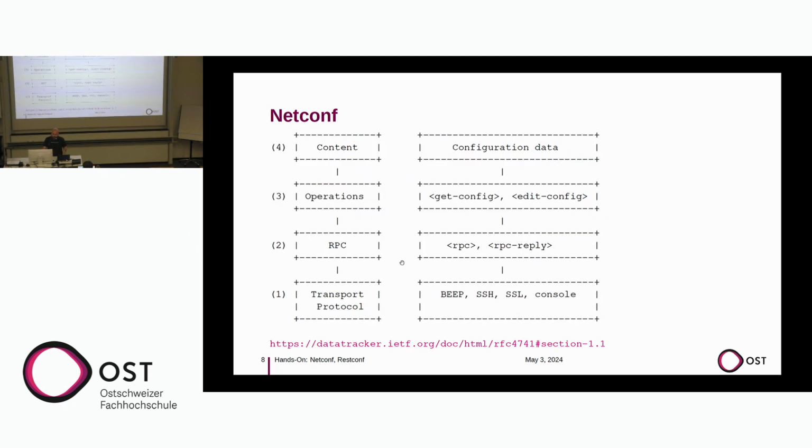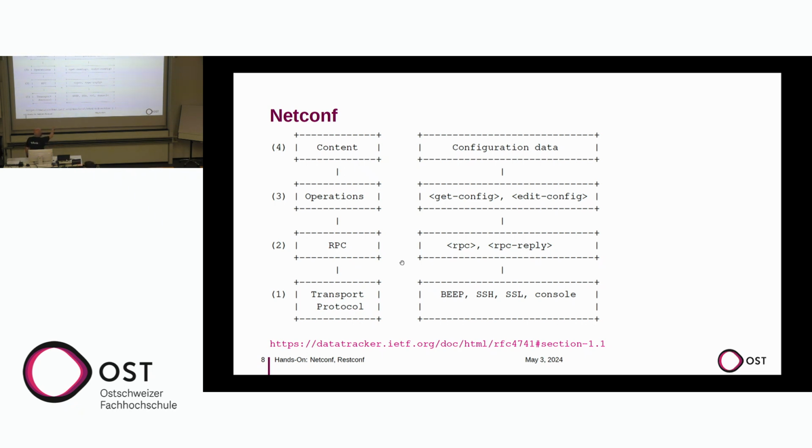So NETCONF is the oldest version, or the first version I would say we used. Here we can see again, we can have any transport protocol, and then everything here with NETCONF and also with gRPC is RPC based. So if you have used RPC APIs, we craft RPCs.